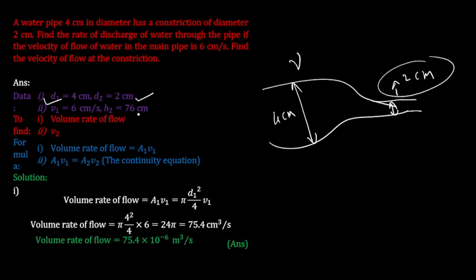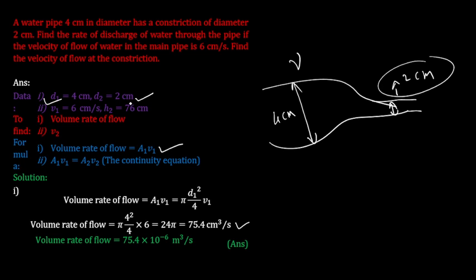We have to find the volume rate of flow. The volume rate of flow is given by this formula, area of cross section times the velocity of flow. We use the main pipe because we know the velocity of flow in the main pipe and also the area of cross section, as the diameter of the main pipe is given. So we express area in terms of diameter as pi d1 square by 4 and substitute the values given.